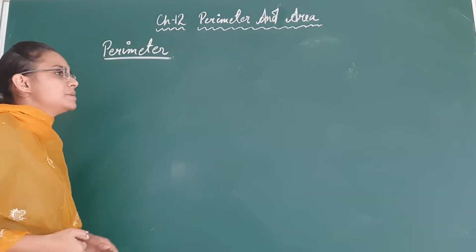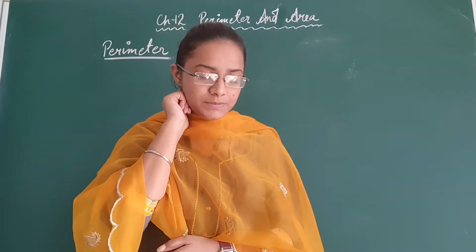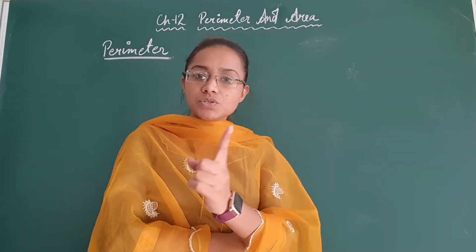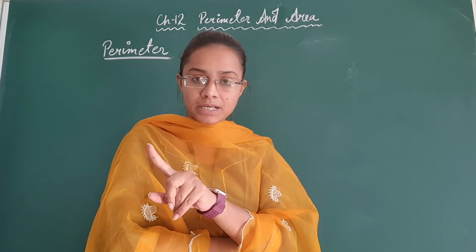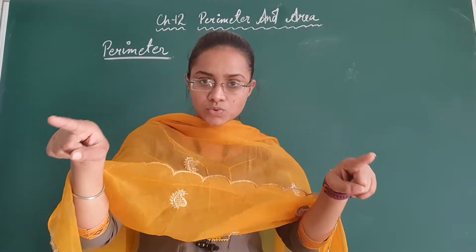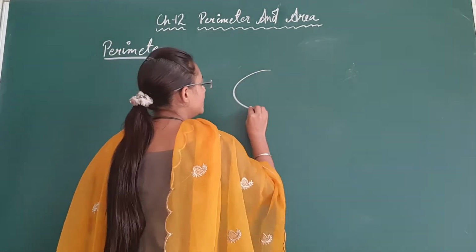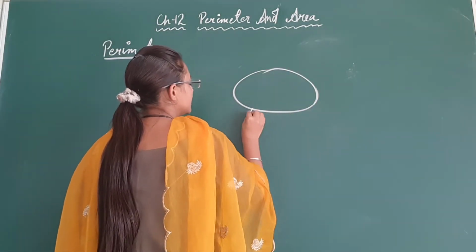So perimeter means what? If you have a table and you have to put a cloth on it, you must know the length of the boundary of the table. Yes or no? The table top is there.